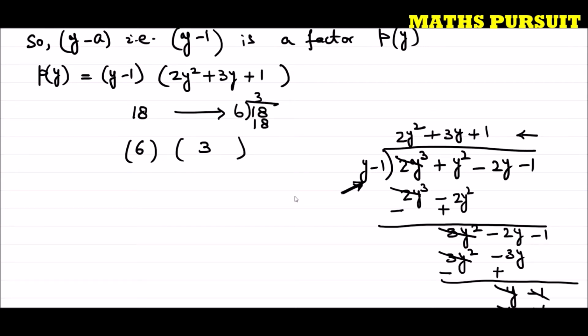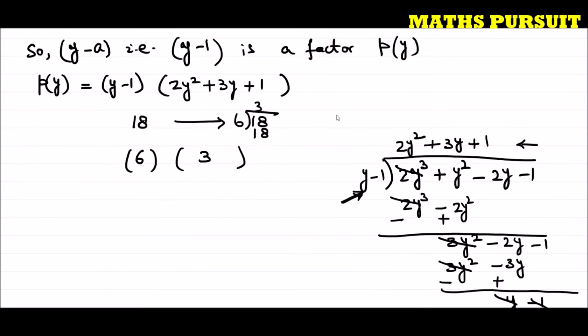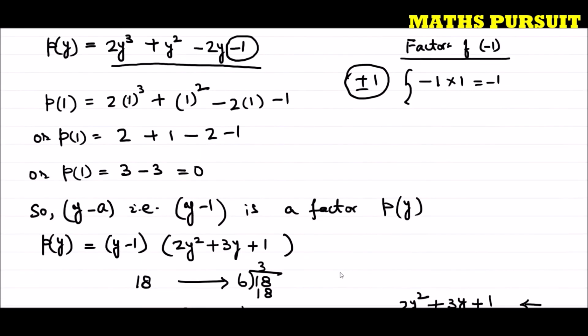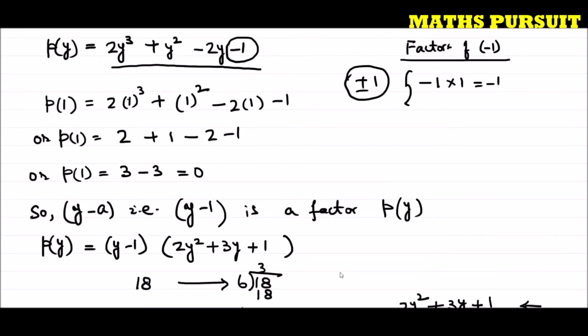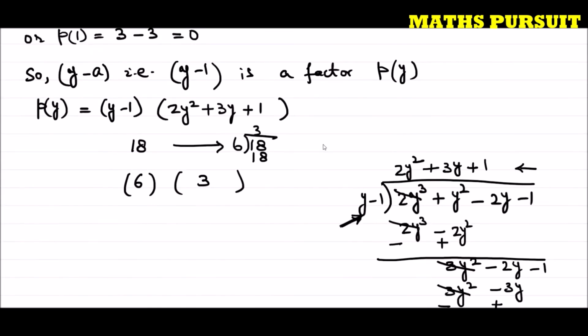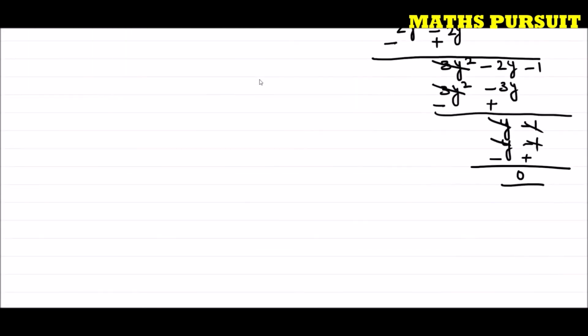That means if we multiply y minus 1 into 2y to the power 2 plus 3y plus 1, we will be getting the original polynomial. Now after getting one factor, let us move ahead and find out the other two factors.